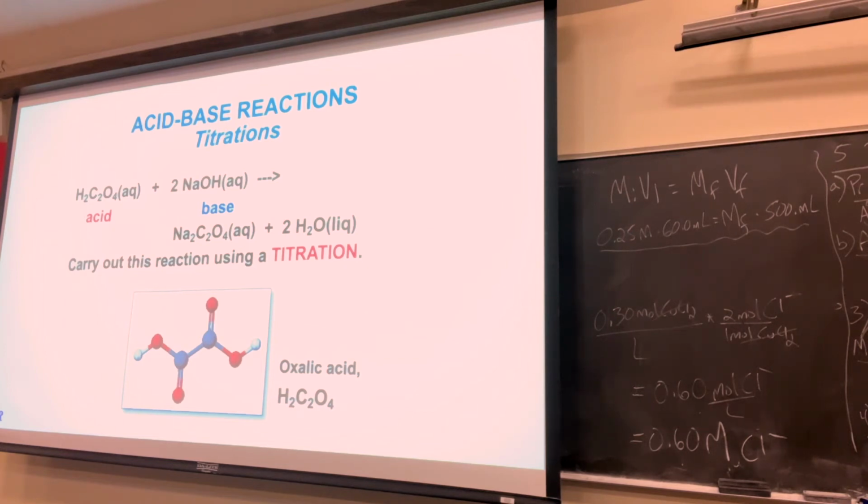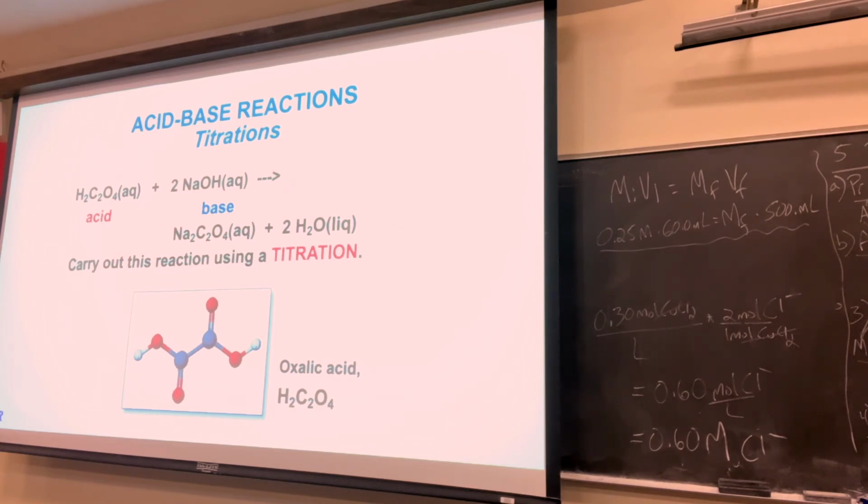And a base is a metal hydroxide, like sodium hydroxide. So this is one of our acid-base reactions over here. It's an exchange double displacement reaction. And the H pushes the Na out, if you will. So the Na starts dancing with this oxalate ion, C2O4. H goes with OH to make HOH or H2O, which is water, and sodium oxalate.